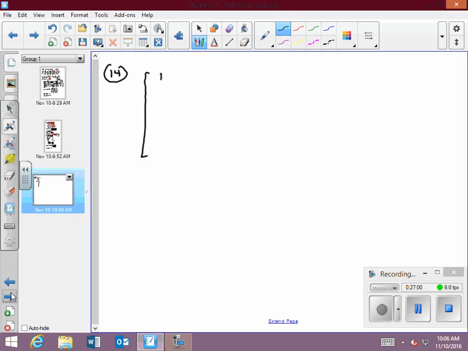Now, the basis is some of these vectors, so in order to figure out which vectors it is, you have to put it into a matrix.